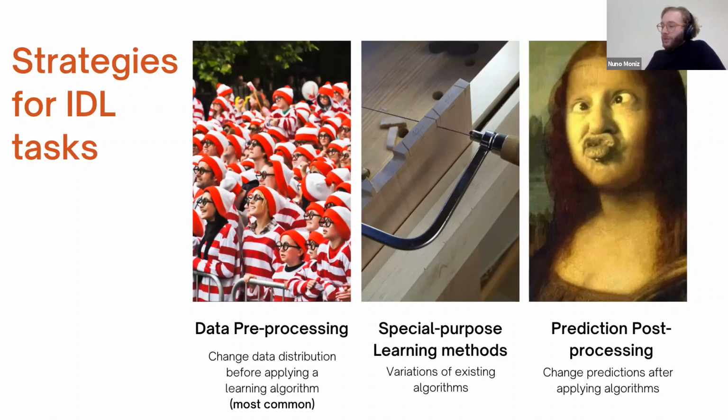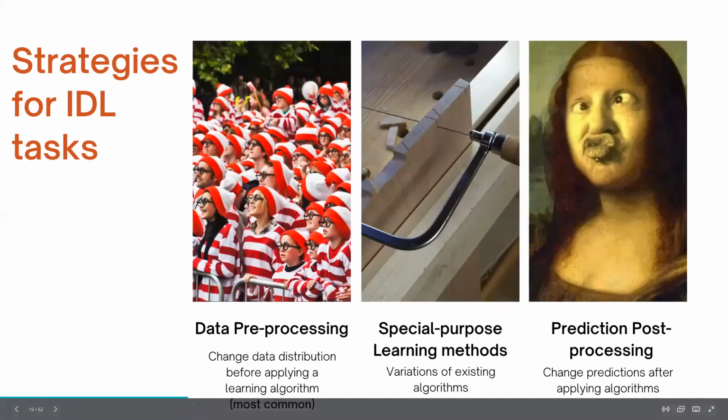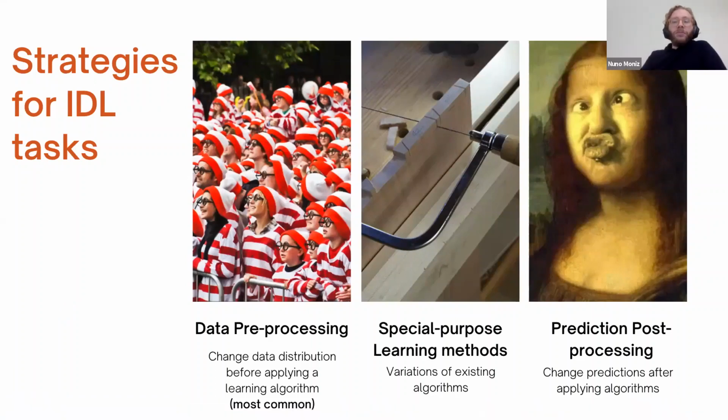The most common are data pre-processing strategies, which are applied to change the original data distribution before applying a learning algorithm. So basically trying to shift the attention of models towards a certain class.